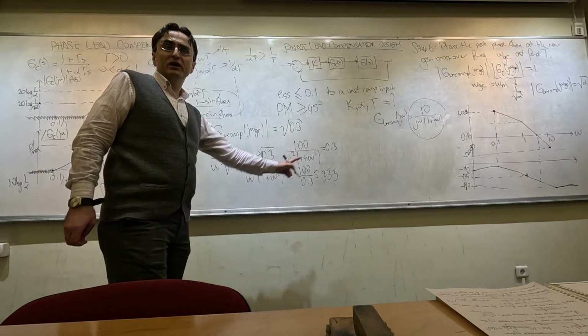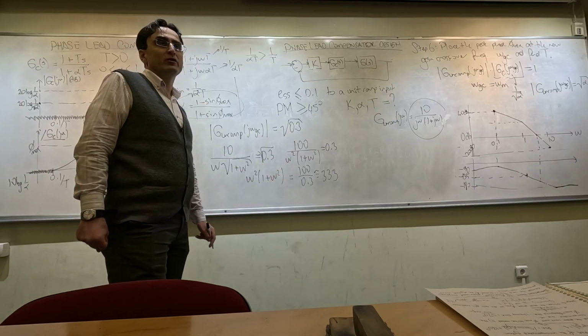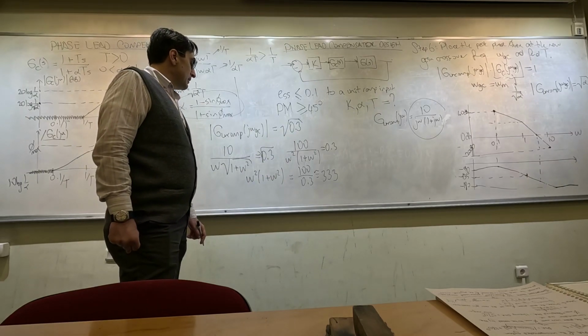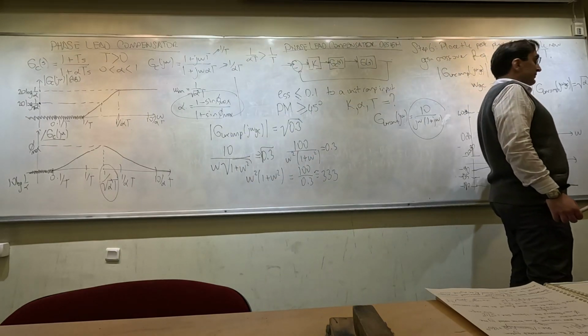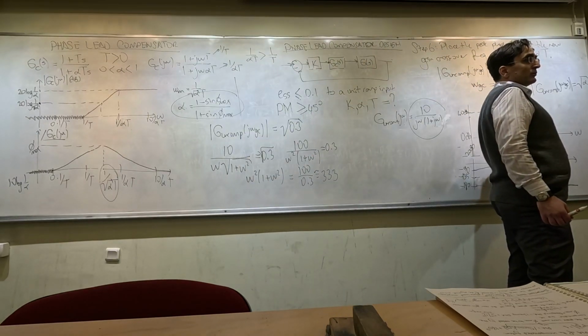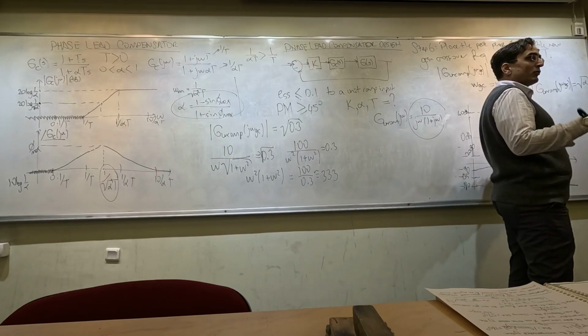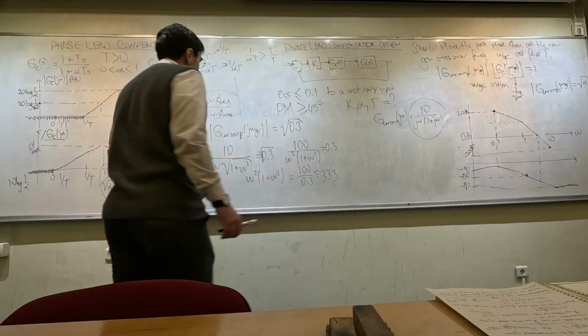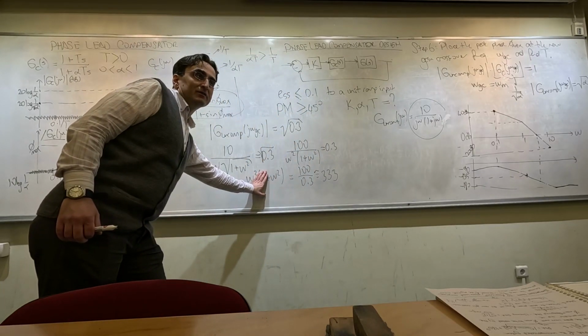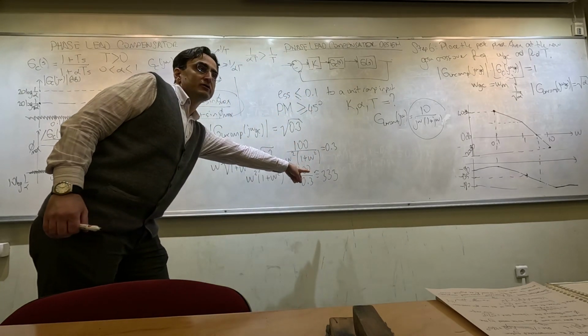Now I have to find the root of this equation once more. But here I know something. In the earlier case, the gain crossover frequency was somewhere here. It was approximately 3. And then, by neglecting this 1, I could obtain square root 10.